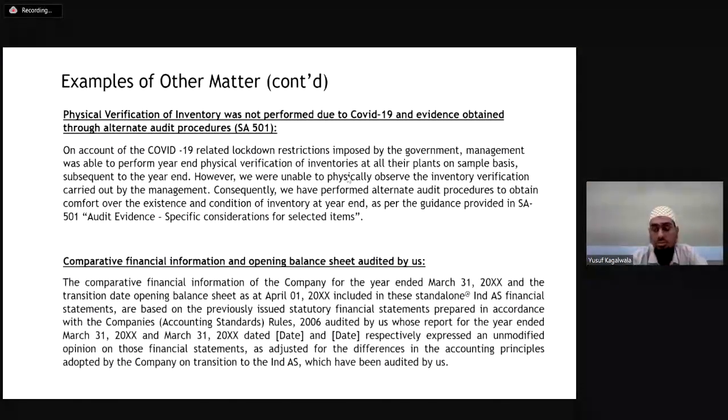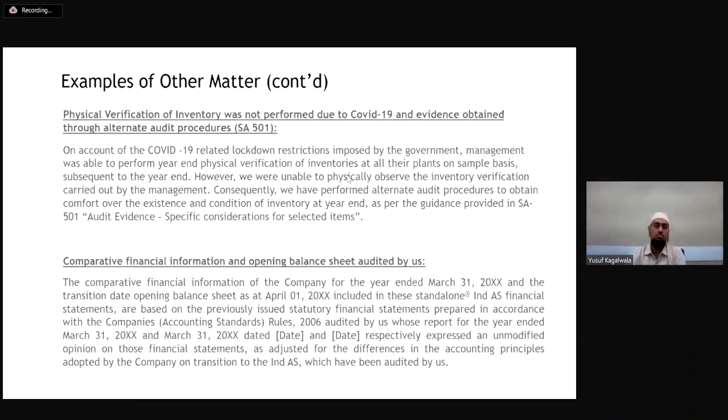In case of when the Ind AS transition took place, in the first year when the transition is taking place, the comparative financial information may have been audited by us or by the previous auditor. It would have been in the AS scenario. So here an other matter is given that the previous auditors or we had audited the comparative financial information as per accounting standards. The opening balance sheet was done as per accounting standards, and the adjustments as per Ind AS have been verified or audited by us.